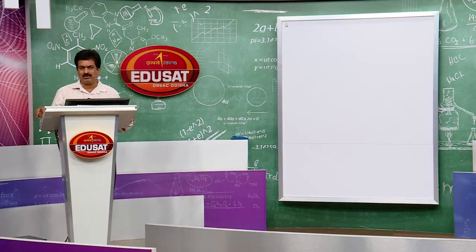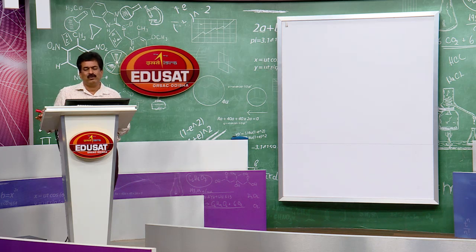In that class we discussed that if two lenses are combined with each other, meaning the thickness or separation between them is negligible and can be considered as 0, for which we take a thin lens, we wrote that P equals P1 plus P2, where P is the effective power, P1 is the power of the first lens, and P2 is the power of the second lens.